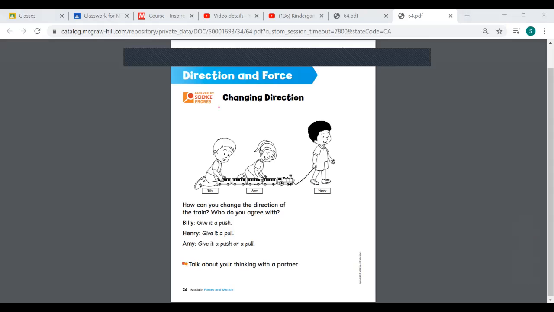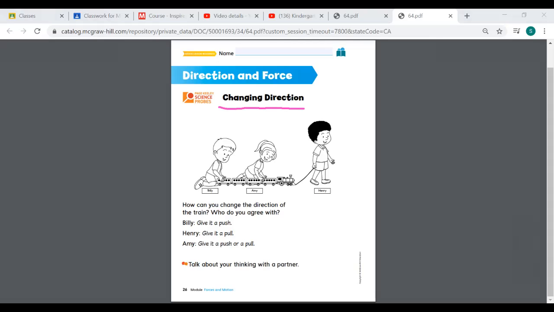So we are talking about changing direction. The question is, how can you change direction of the train? And who do you agree with? So we're going to figure out which friend has the better idea.